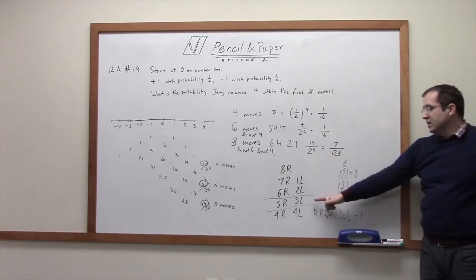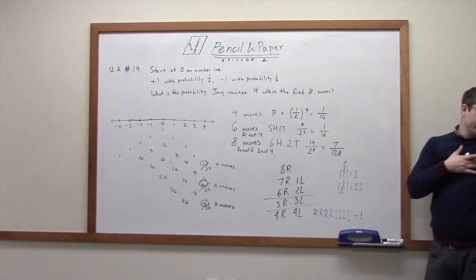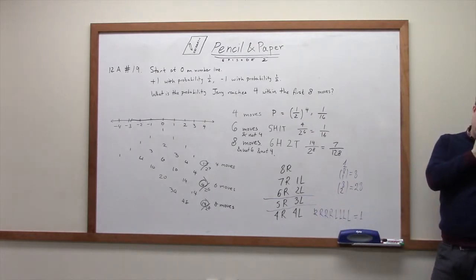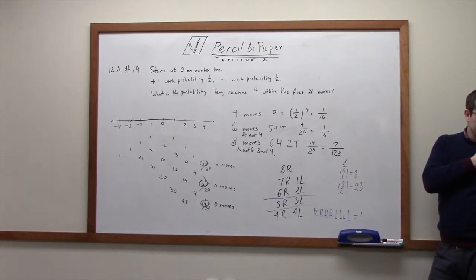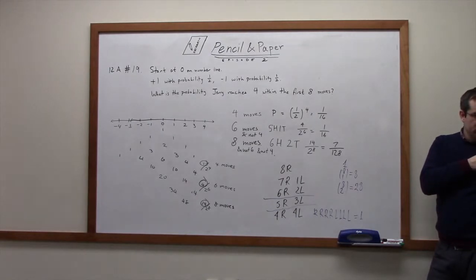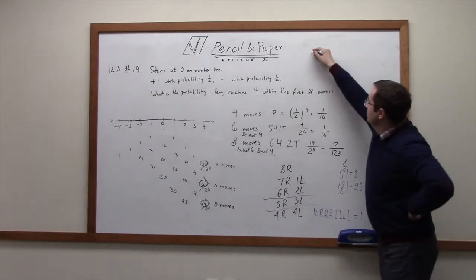Yeah, this is a tricky one because the first 6 moves are the key, right? So out of the first 6, you either have 1L and 5 R's, or you have the first 4 R's. So those are the 2 cases you need to be careful about. So I'm going to write down what you said.